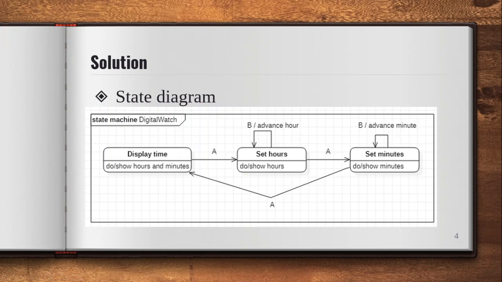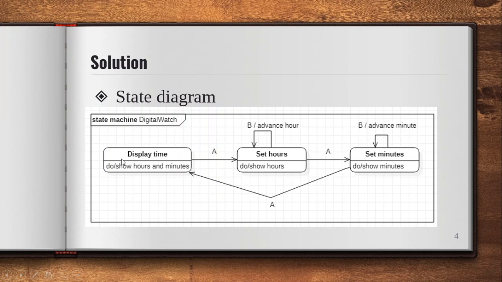They said that the watch has two modes of operation. So for this digital watch, two modes of operation are there: display time and set time. That's why we use the state name display time.